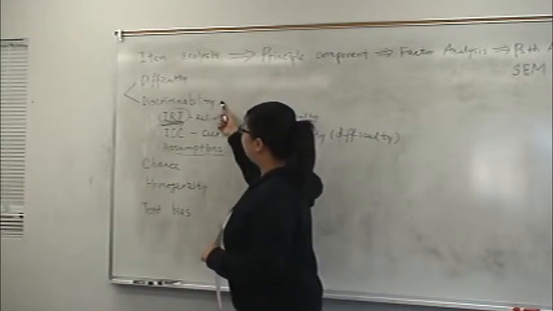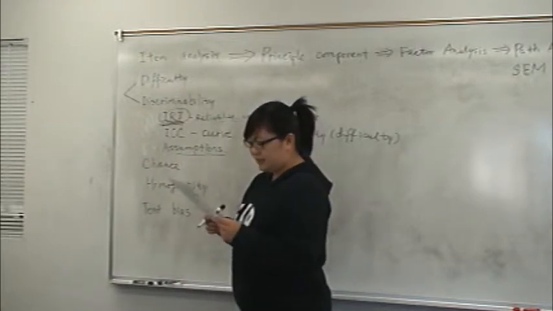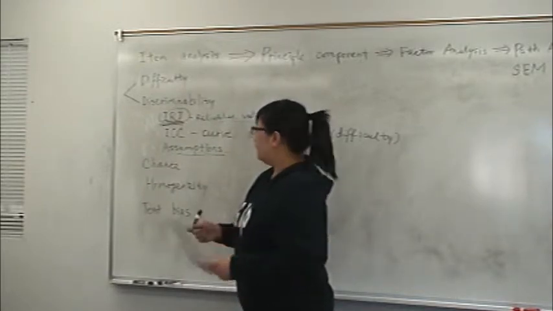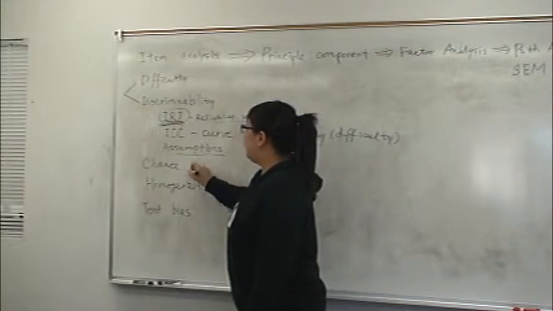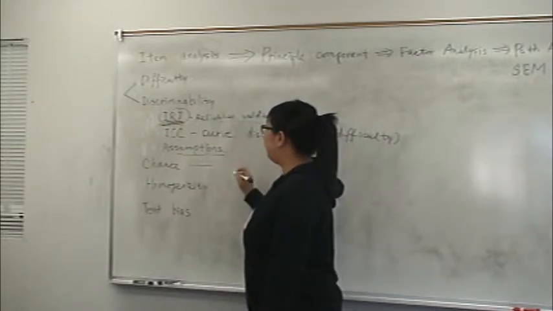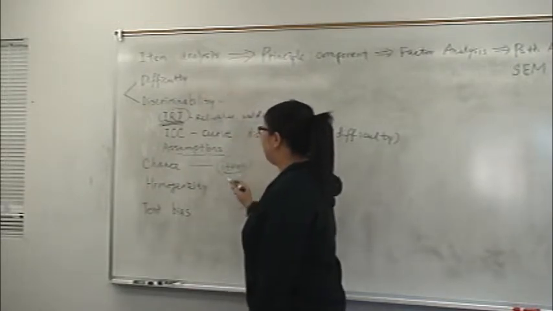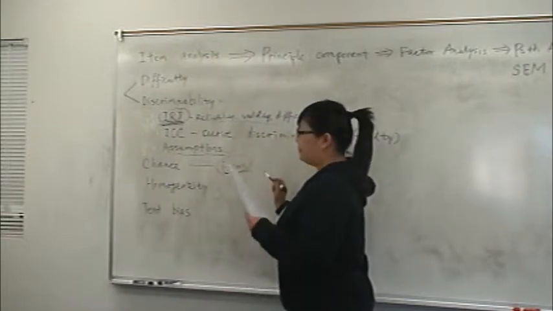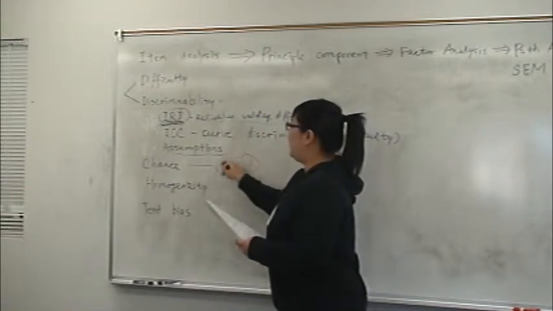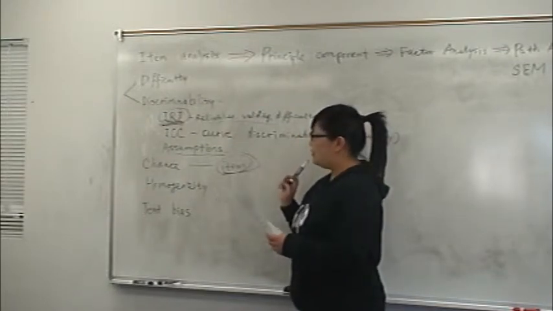And after you check these 2, the third thing you need to do is check for chance in item analysis. And chance here, you can understand in its common way. Chance means that when you assess the difficulty and discriminability of the item you created, you want to make sure this item can be generalized to every single participant you're trying to assess.